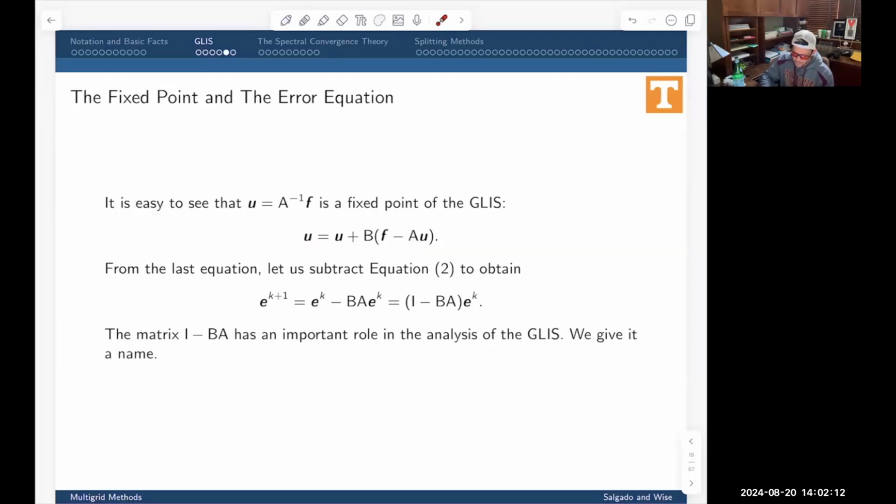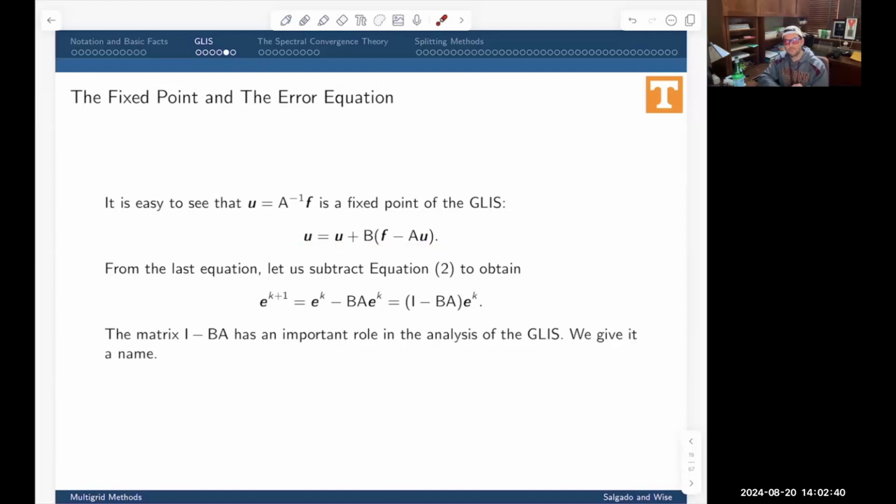What happens if I put in the true solution for UK? What do you get? F minus A times U is equal to what? What would be F minus AU if I put in the true solution? And so that's just saying that U equals U.